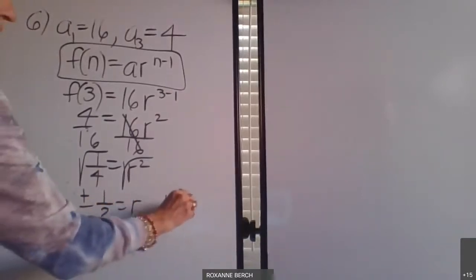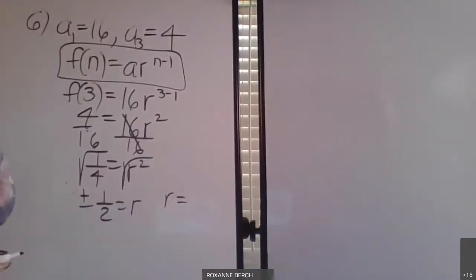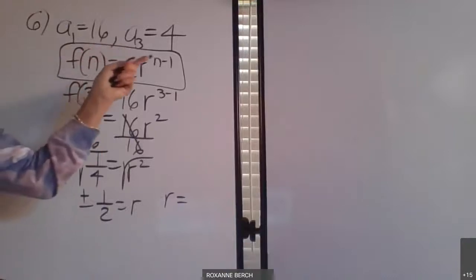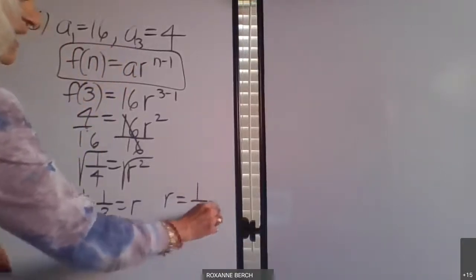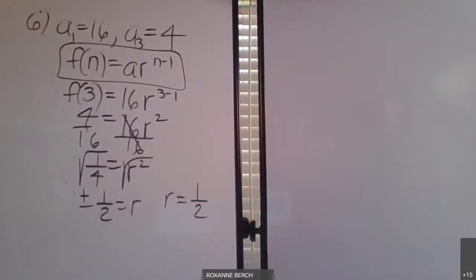Now, which one is it? Positive or negative? Well, it looks like my terms are positive. So I'm just going to say r is equal to 1/2. And now I can write my rule. And I should have read the directions. They're wanting us to write an explicit rule for the geometric sequence.